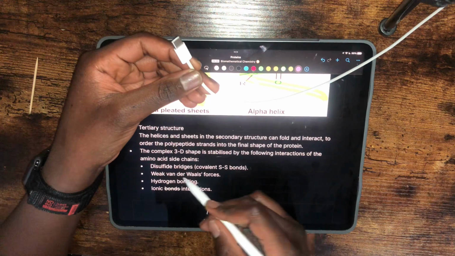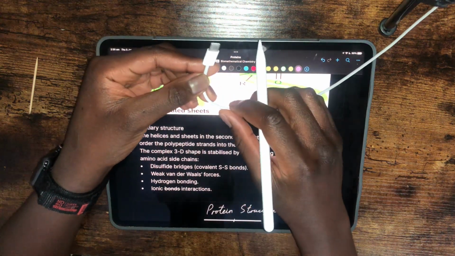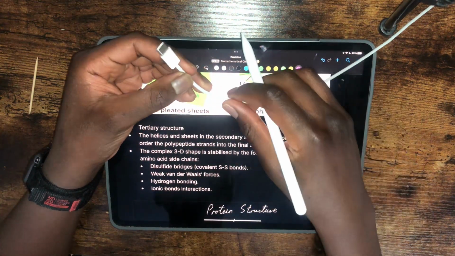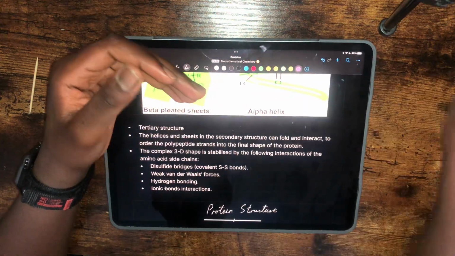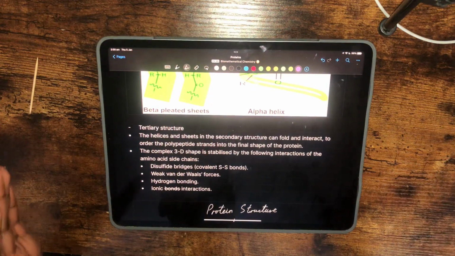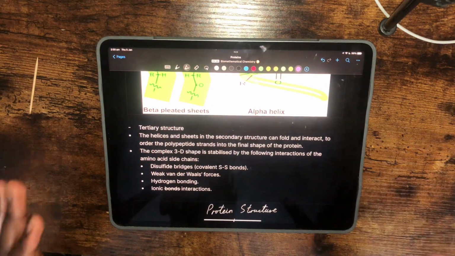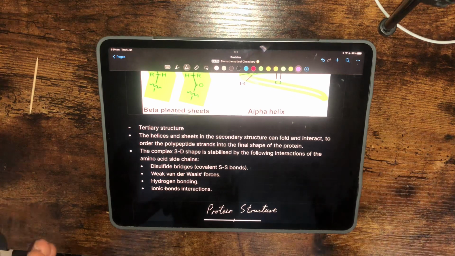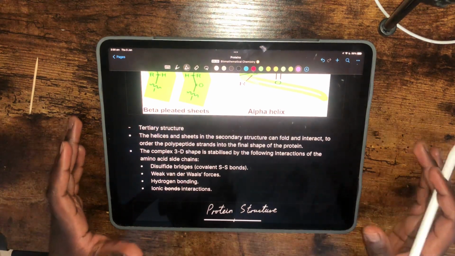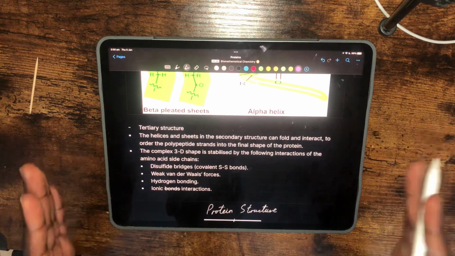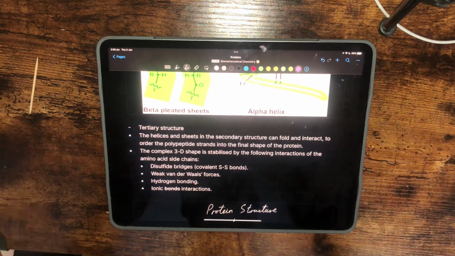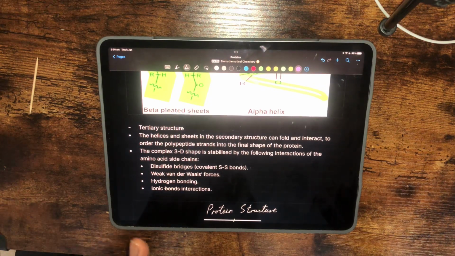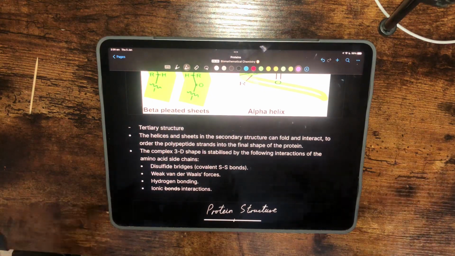So now you've broken some of these bonds, you've changed the tertiary structure. Now you've broken more bonds, and it's going back to something like this. It doesn't have to be as drastic as that, but the point is that you've now broken so many bonds in the tertiary structure that you've changed the tertiary structure of the active site so much that it's no longer complementary to the substrate and incapable of forming an ES complex.